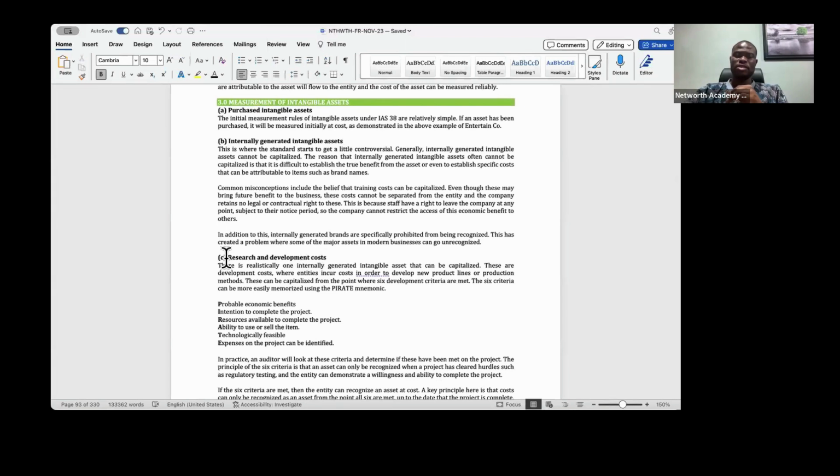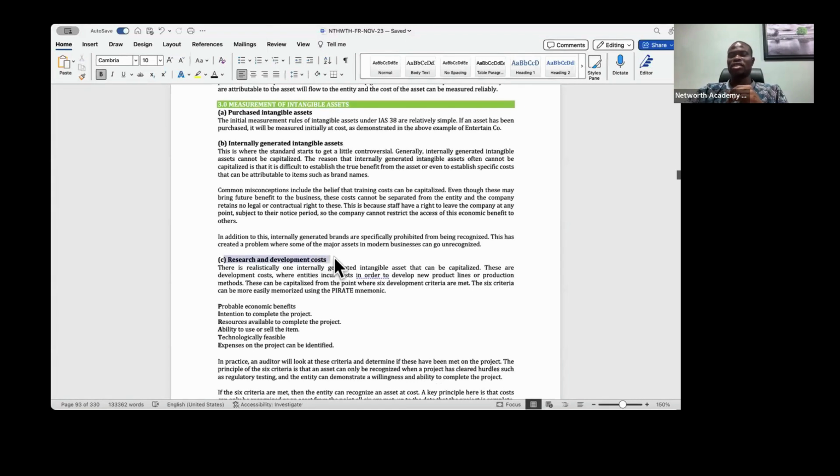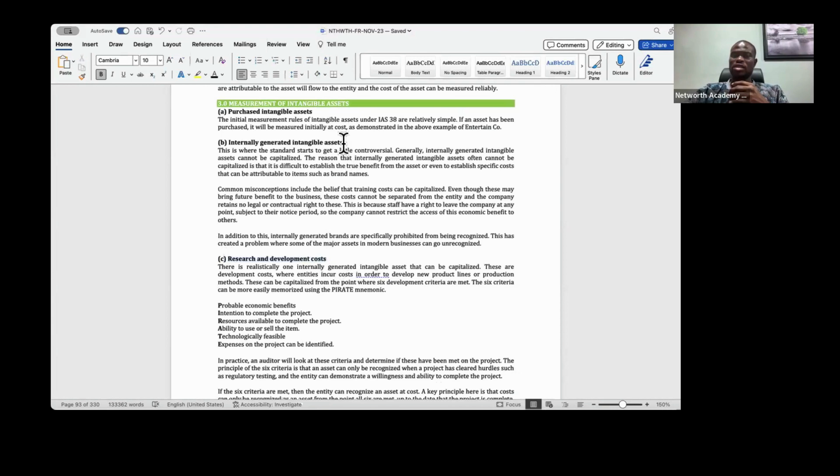Another one is research and development. This is also internally generated, right? Research and development is speaking to something like a software that you developed ground up yourself. The reason they separate research and development from other internally generated intangible assets is that for research and development, you know how much you have spent.